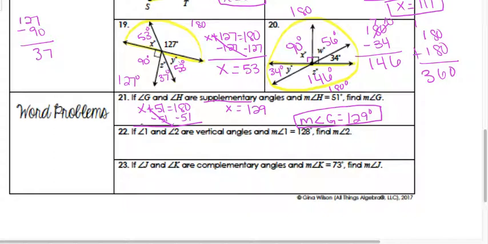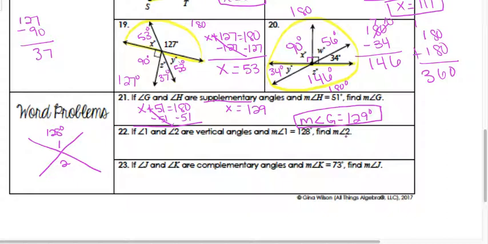Now, this one says if angle 1 and angle 2 are vertical angles, vertical, what does that mean? They are across from one another. So, angle 1 and angle 2 are vertical angles, and the measurement of angle 1 is 128 degrees.